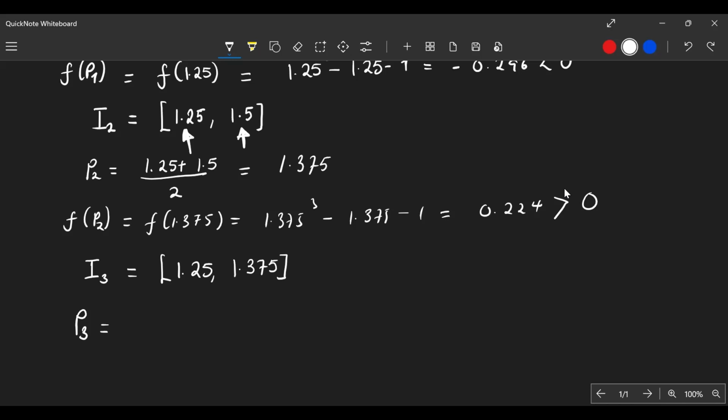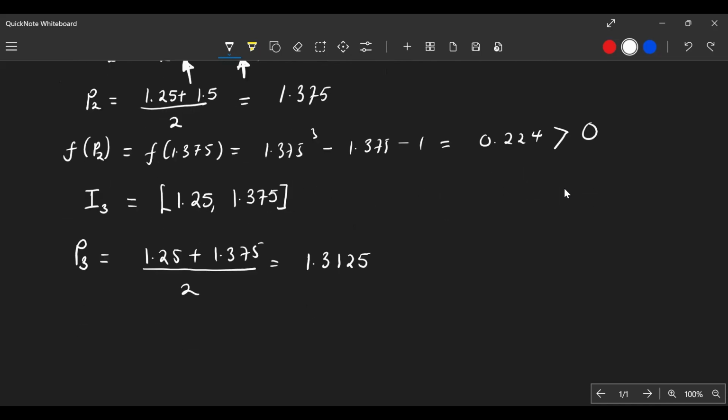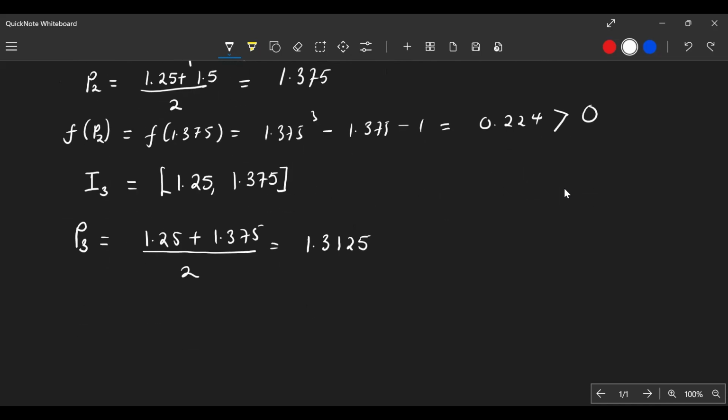So P3 will be equal to this new interval, 1.25 plus 1.375, divided by 2. So 1.25 plus 1.375, and then divide by 2. I have 1.3125, right? And again, I'll substitute this 1.3125 in my function.